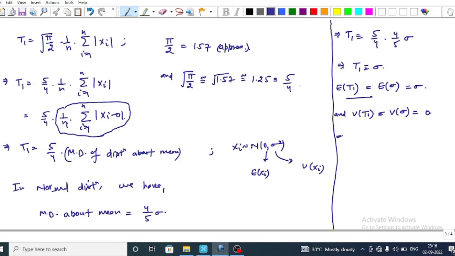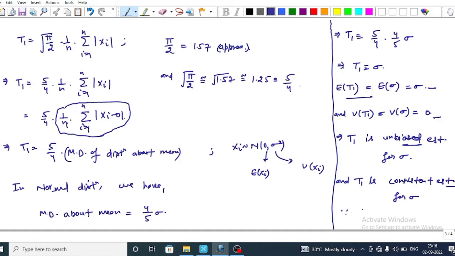From this it implies that T1 is unbiased estimator for sigma, and from this T1 is consistent estimator for sigma, because expectation of T1 equals to sigma and variance of T1 equals to 0 as n tends to infinity.